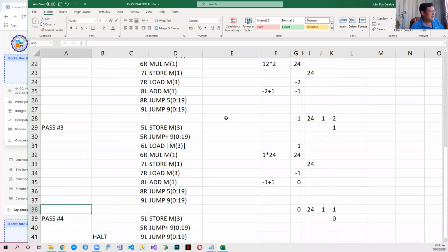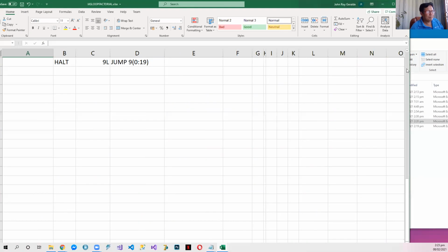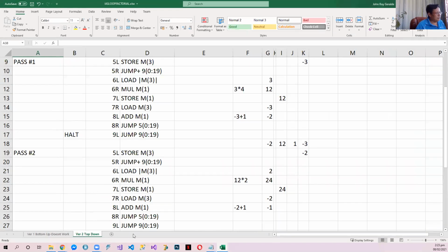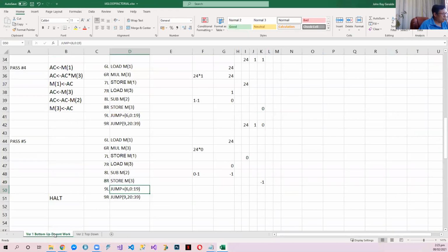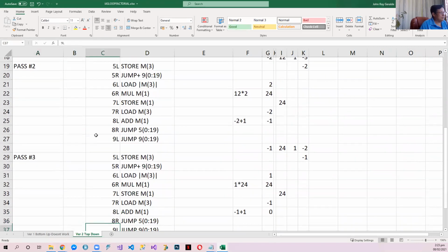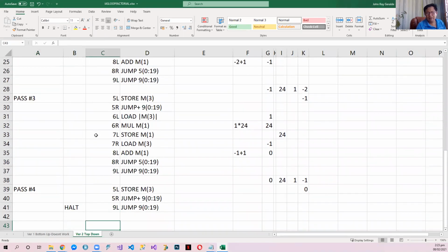Okay. So there are two versions of the program. Version 1, bottom up, and the second version is top down. And we see that it works. Okay, do you follow?